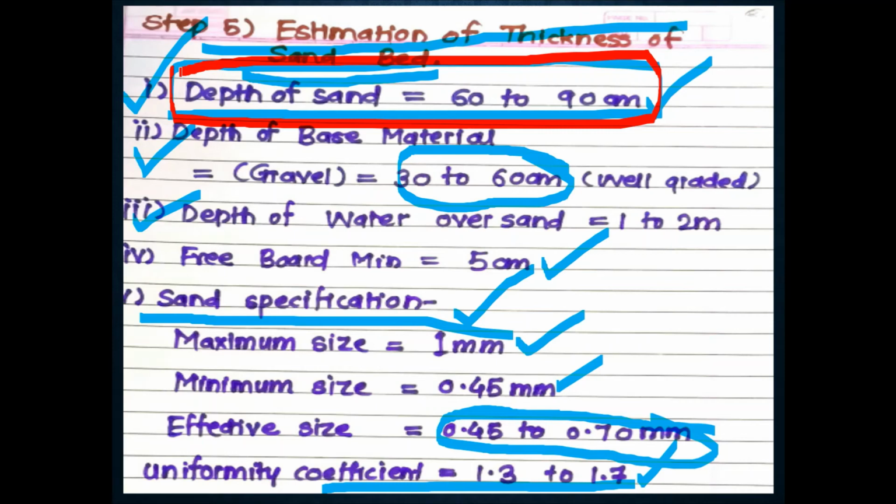Wash water troughs will not perform the work of filtration. Who performs the major part of the filtration? The major part of the filtration is done by the sand, 100% sand. Hence the depth and thickness of the sand should be properly calculated. Hence we are discussing this step, estimation of thickness of sand bed.